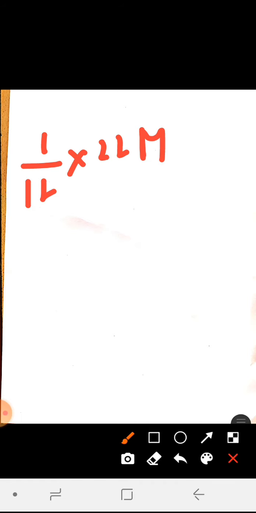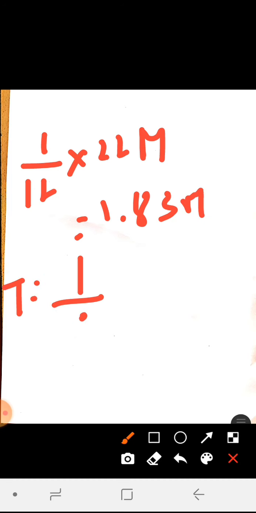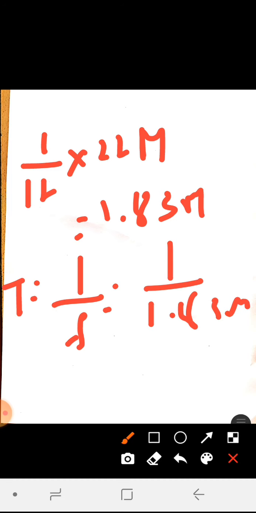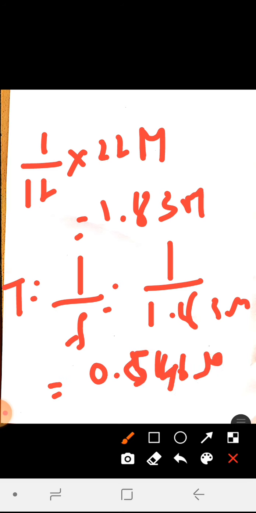So for the given crystal frequency, first we'll find out the timer frequency and period. So already we said that the timer frequency is 1/12 of crystal frequency, which gets us 1.83 megahertz. So period t is equal to 1 by your frequency, that is 1 by 1.83 mega, which is equal to 0.546 microsecond, right?